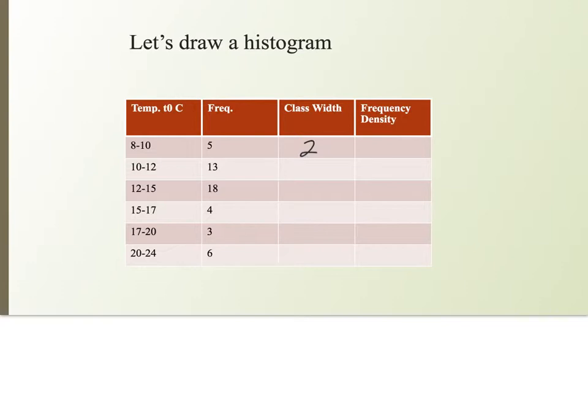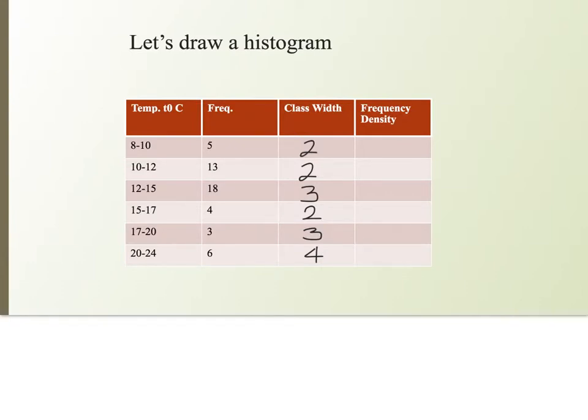The class width for the next one will be 2 as well. And then we have 3, and then we have 2, and then we have 3, and then we have 4. So just like that, all we're finding is the difference between these two numbers, or in other words, just subtract them. So we see that we've got that sorted over there, and those are my class width.